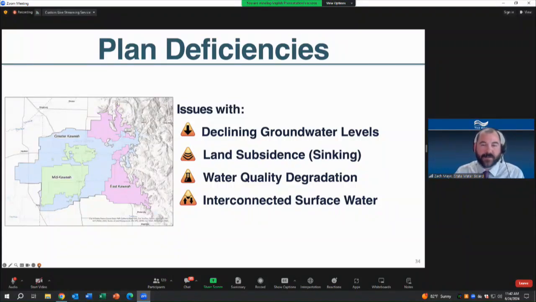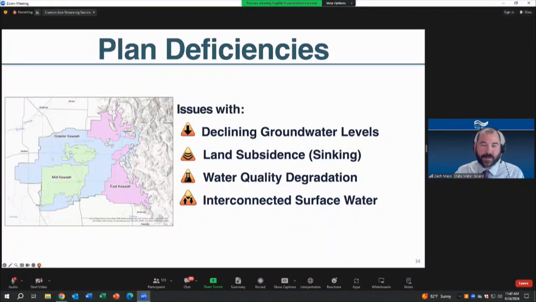Board staff have identified deficiencies with how the agencies plan to manage for water quality degradation, specifically how groundwater management can cause pollutants in water to reach levels that are less safe for drinking, irrigation, or other purposes, and problems with how the agencies plan to manage depletions of interconnected surface water.